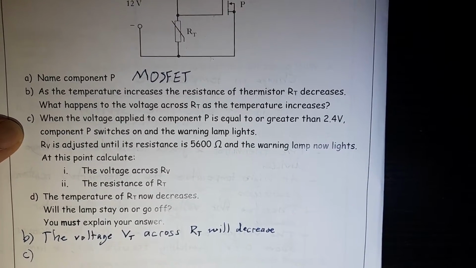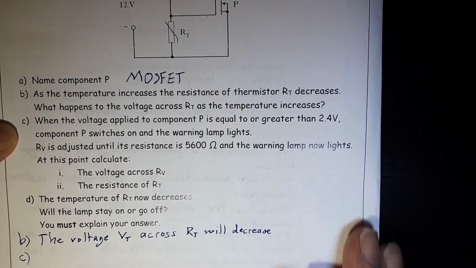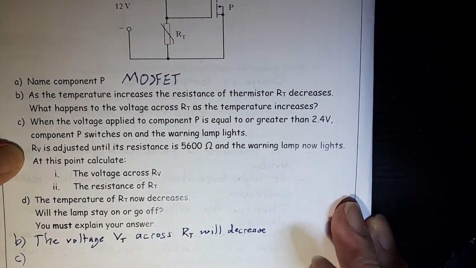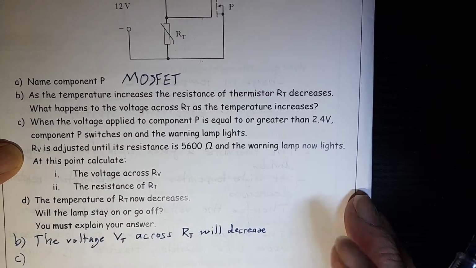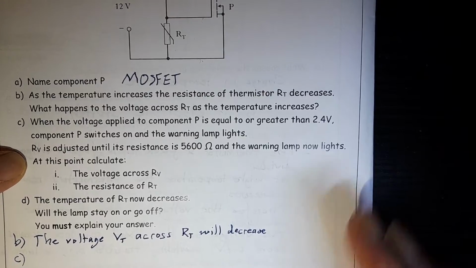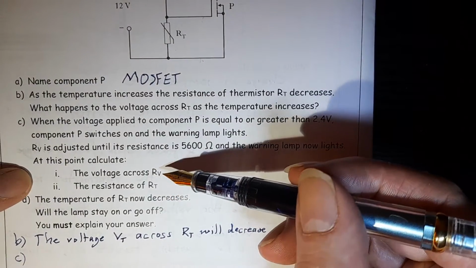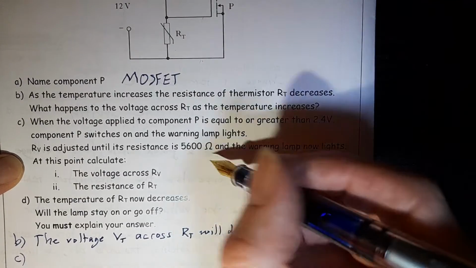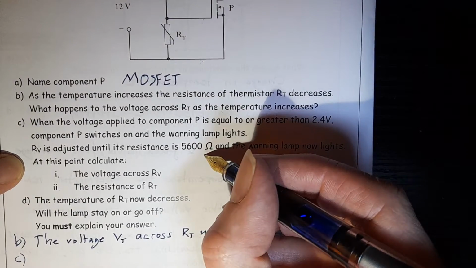When the voltage applied to component P is equal to or greater than 2.4 volts, RV is adjusted until its resistance is 5600 and the warning lamp now lights. So we have to calculate the voltage across RV and the resistance of RT. So I'll just use this space here to gather the information together.